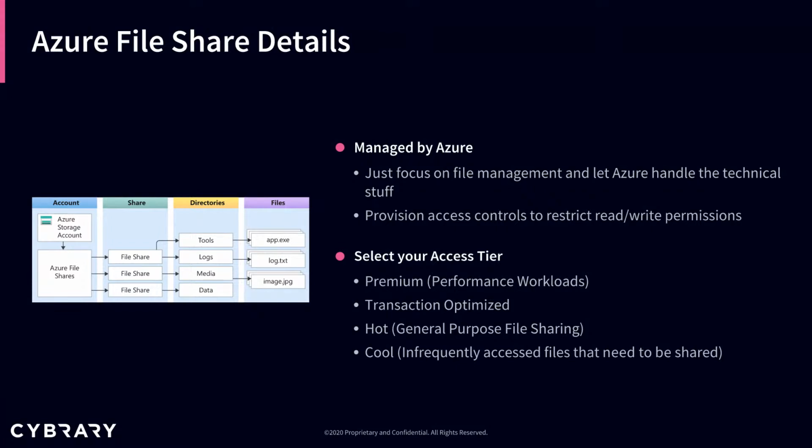Hot is general purpose for file sharing, which basically means that you will always access these files. And cool is basically for infrequent access files. So you're storing files in a structured manner, but you don't plan to access them that often. And again, this is more applicable for organizations who have to store files for regulatory purposes or other purposes, but don't plan to access those files frequently.